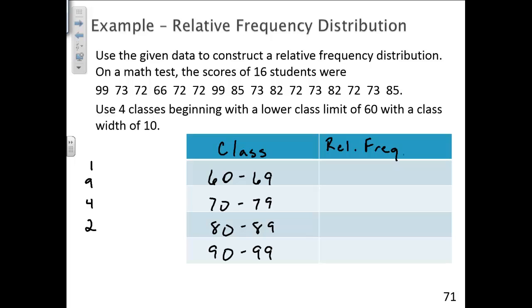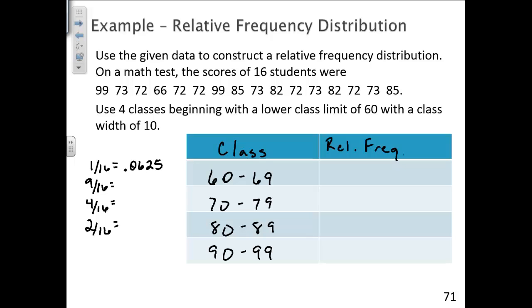There were 16 data values, so we're going to divide each one by 16. Now, there are times where you will see relative frequencies listed as a fraction. That's seldom, but you may see that. Most of the time, it will be changed to a decimal, so let's change each one of these to a decimal. So that is 0.0625, just using our calculator to divide.